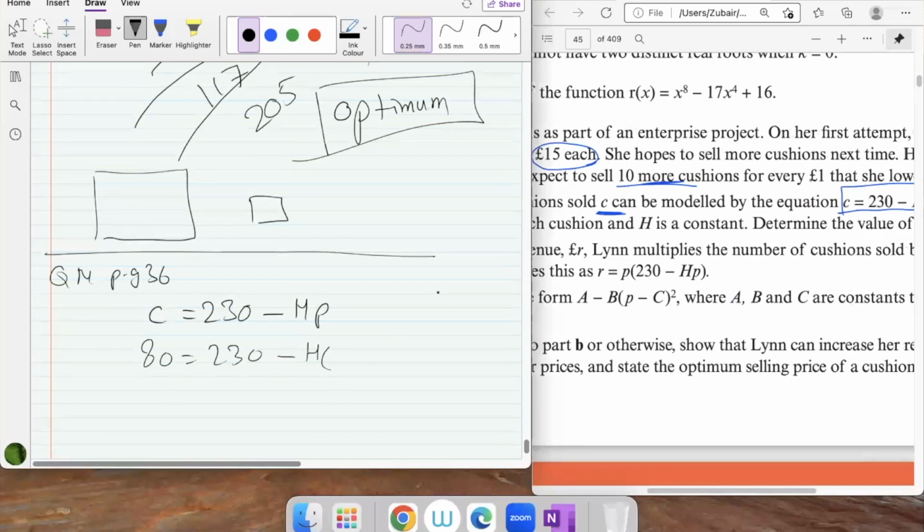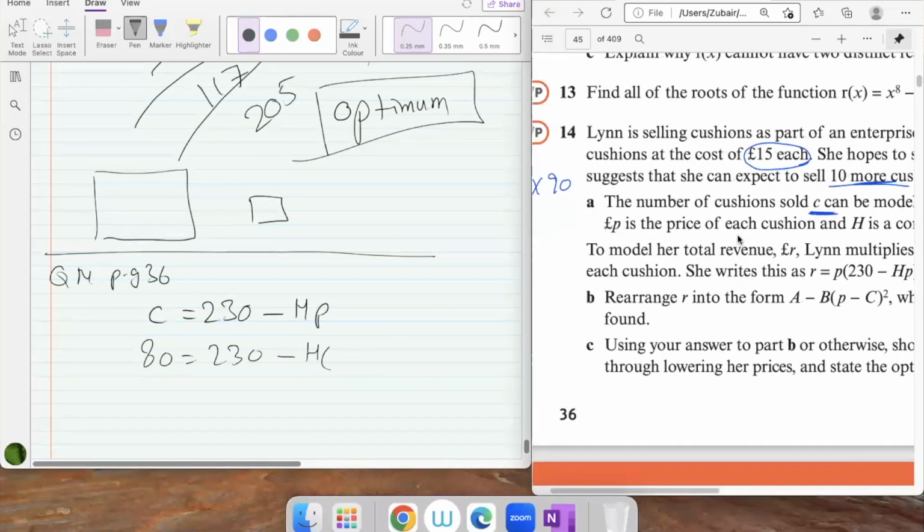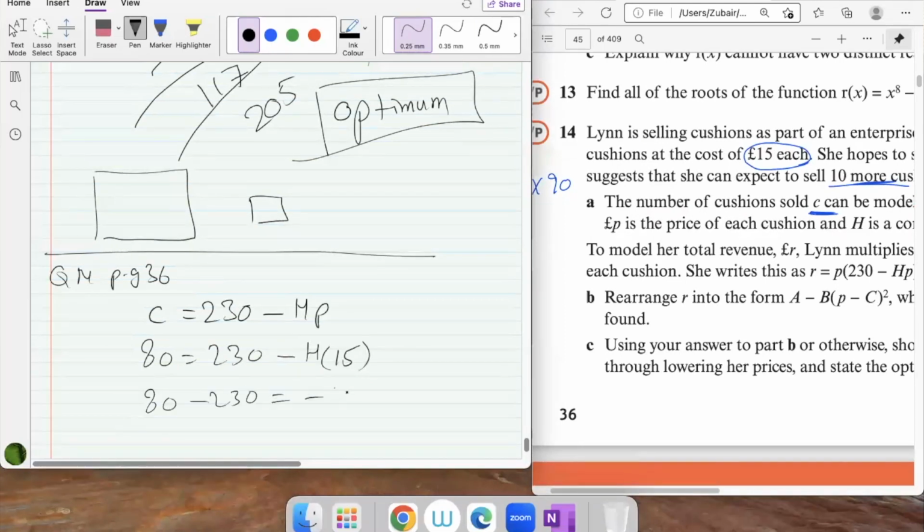And the price of each cushion was £15, P is the price of each cushion. So solving for H: 80 minus 230 is equal to negative 15H. 80 minus 230 is negative 150.